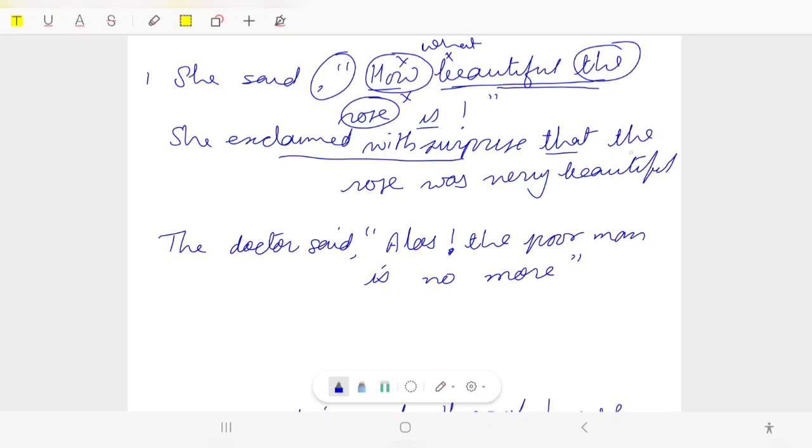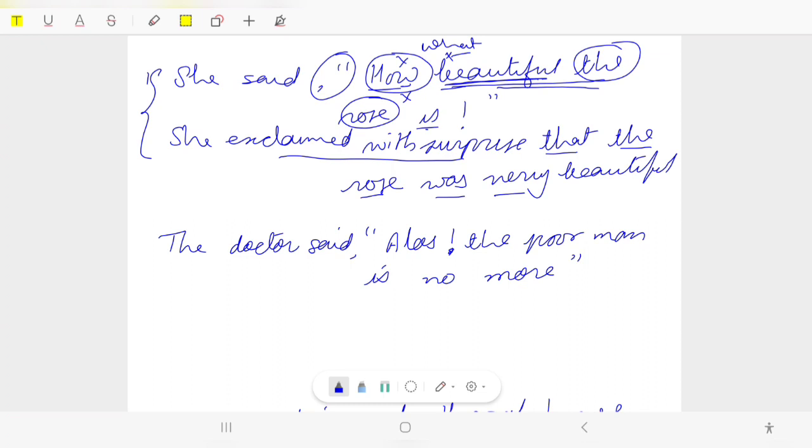Write the subject, the rose, and change the tense. Right now it is is, so is, am, are will change into was, were. The rose was. Now see where is the adjective in this part. The adjective is beautiful. So add very before that and write the adjective. She exclaimed with surprise that the rose was very beautiful. This method will be followed where how and what words are used.